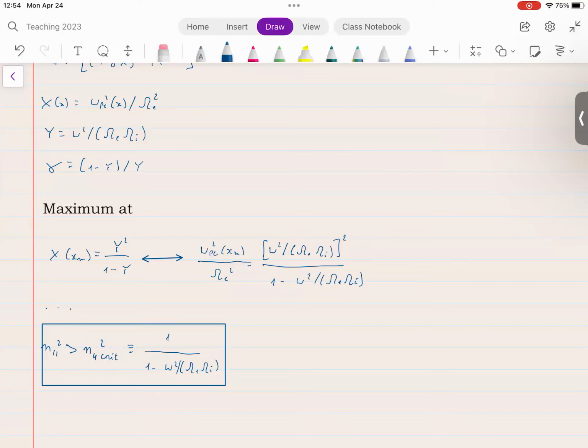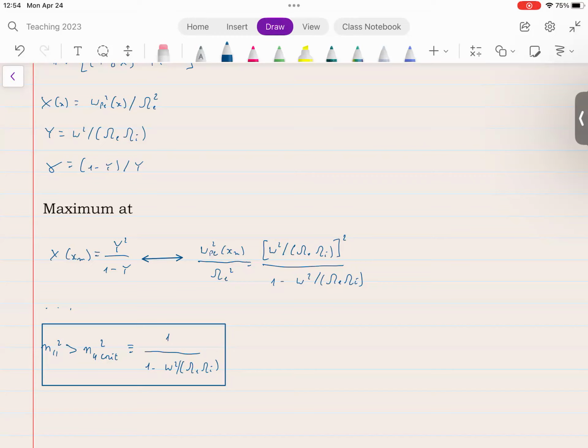We don't have time to do a lot more, but I would like to stress we've only used fluid theory, and we figured out that n parallel must be larger than this expression if we want our wave to be able to propagate up to our resonance point.